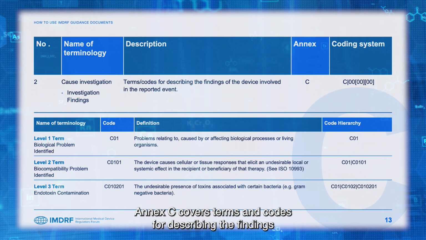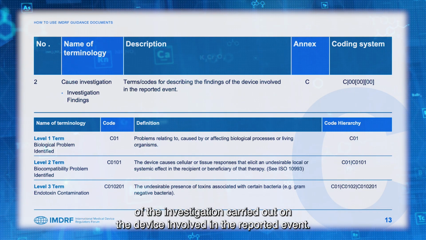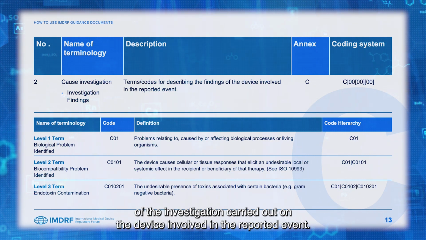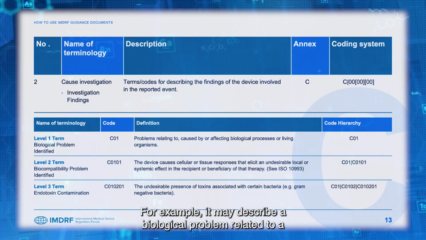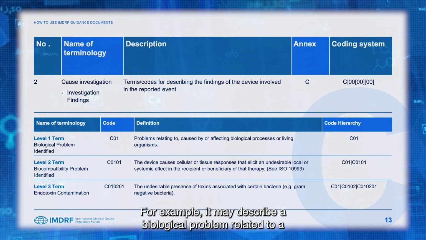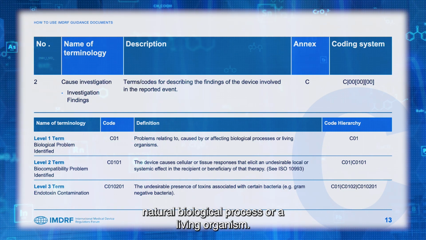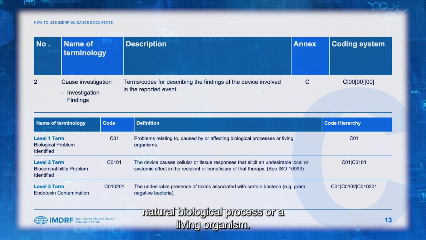Annex C covers terms and codes for describing the findings of the investigation carried out on the device involved in the reported event. For example, it may describe a biological problem related to a natural biological process or a living organism.